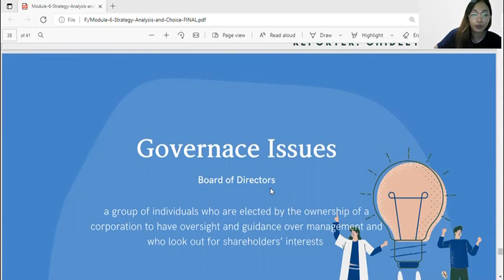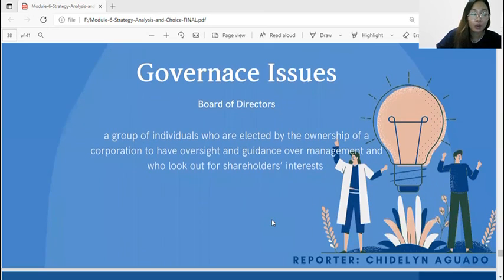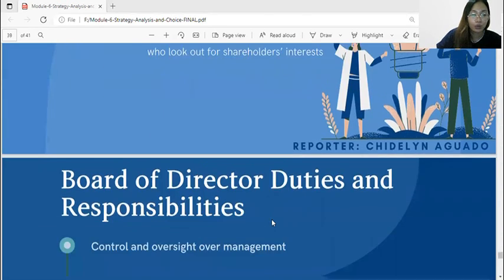The board of directors is a group of individuals who are elected by the ownership of corporations to have oversight and guidance over management and who look out for shareholders' interests. In short, a board of directors is essentially a panel of people who are elected to represent shareholders.